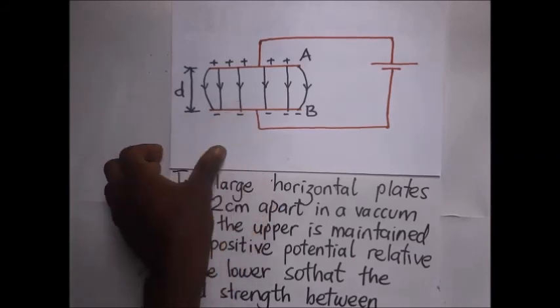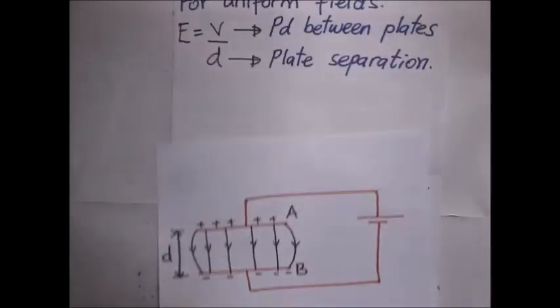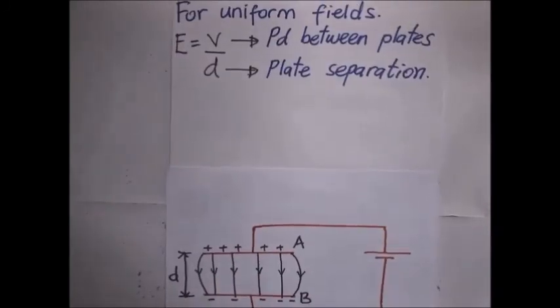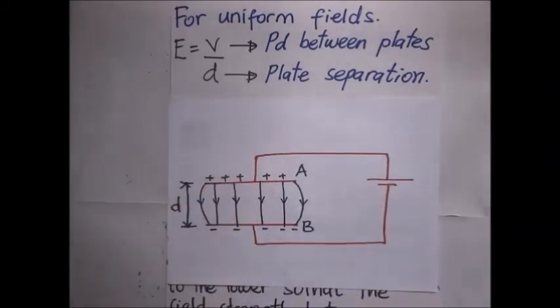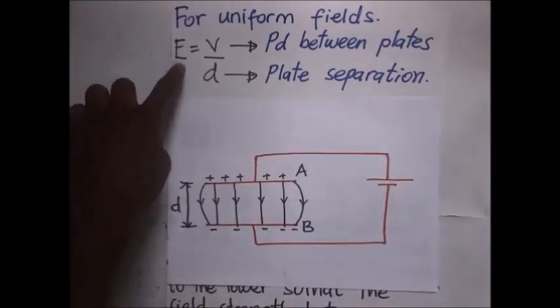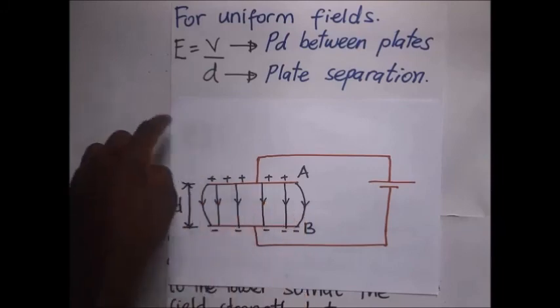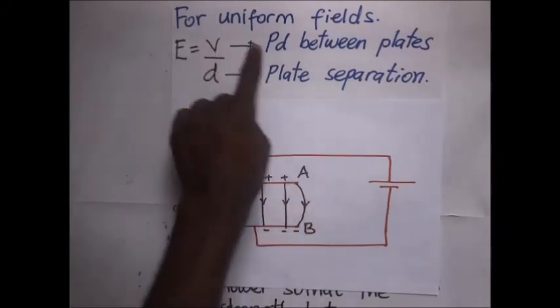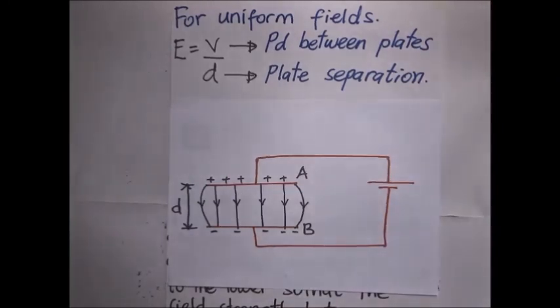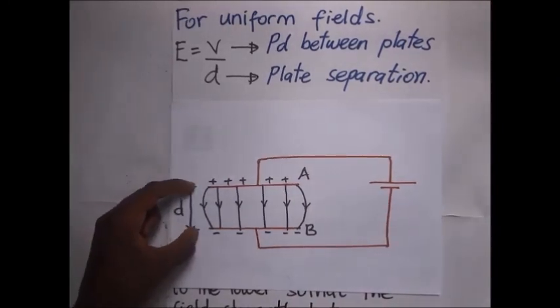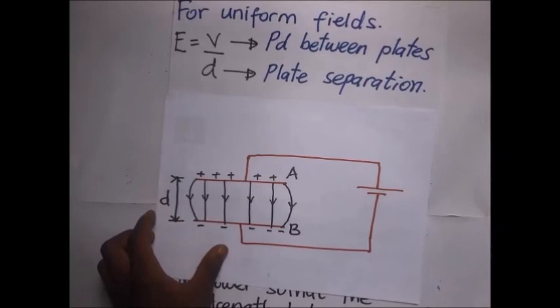When we are looking at two plates like this, it is a uniform field, and the intensity that exists in this uniform field is going to be the potential difference between these two plates, divided by the plate separation, and this plate separation in this case has been denoted by D.